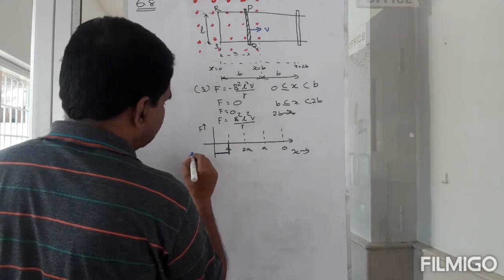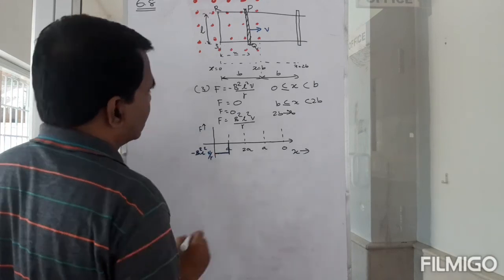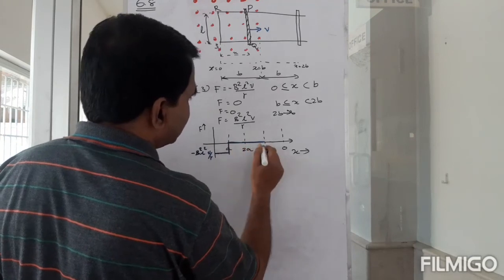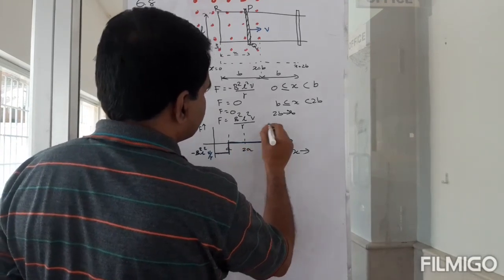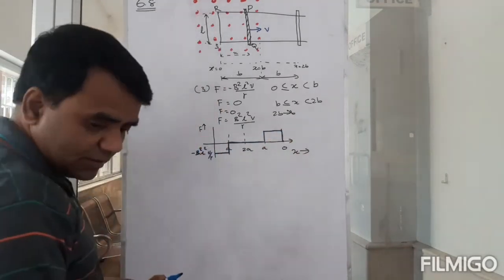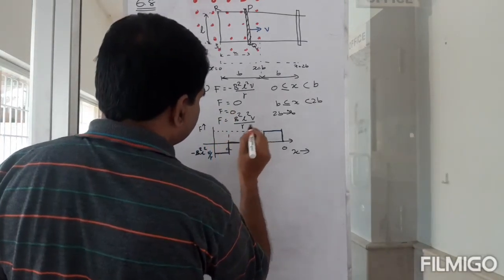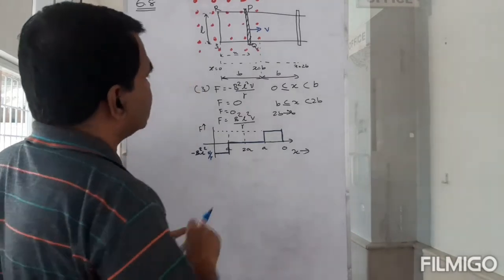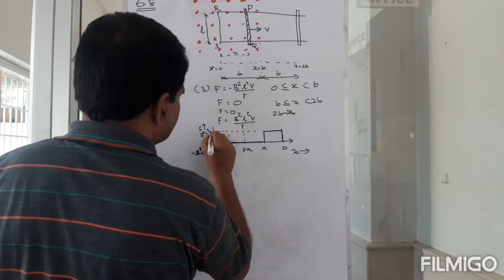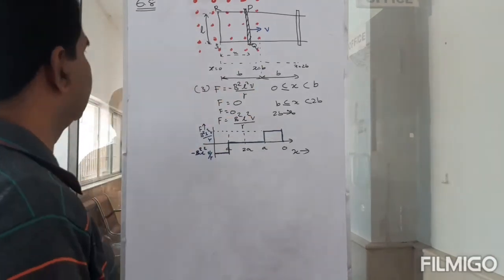Okay. So the value will be minus B squared L squared V by R. And from A to 2A it is 0, from 2A to A again 0, and there you are going to get a positive. Okay. So this would be again B squared L squared V by R.